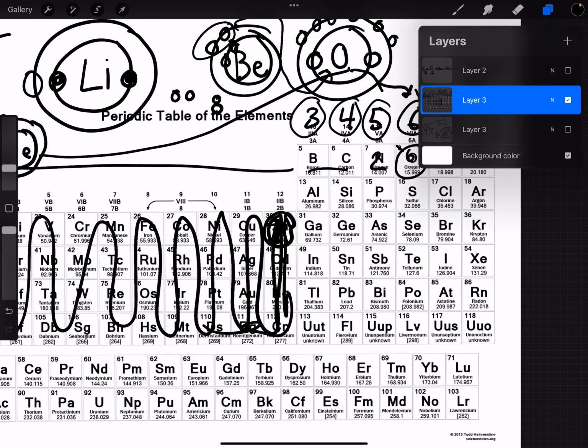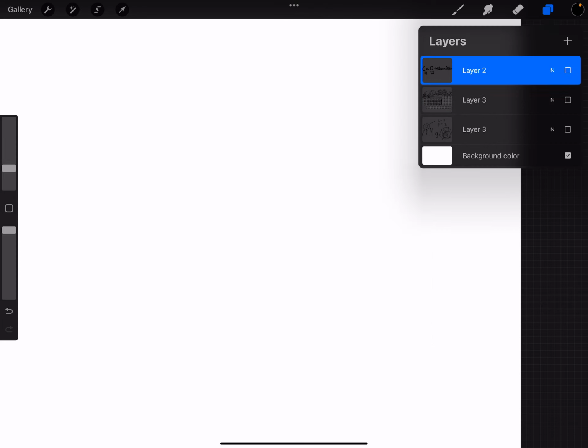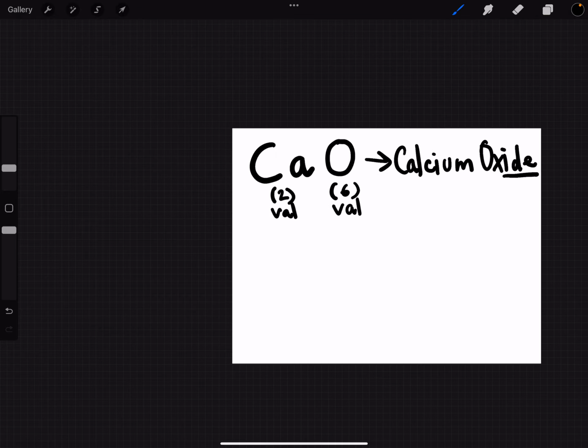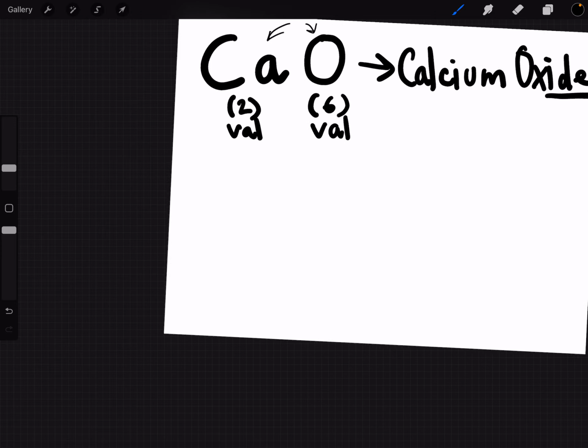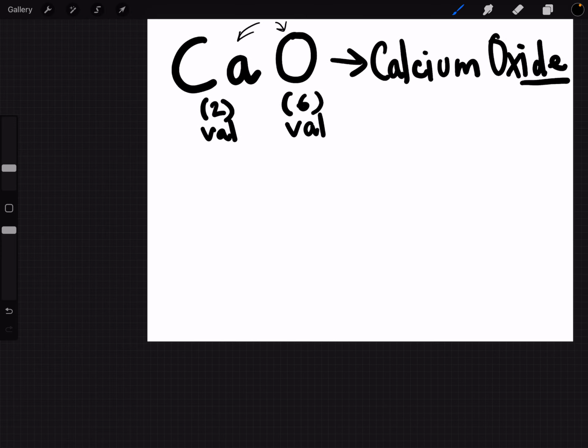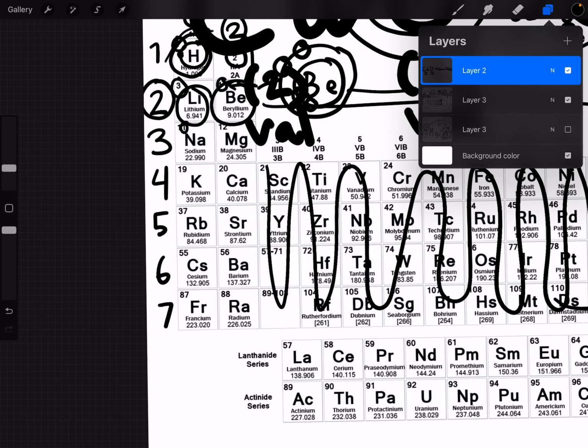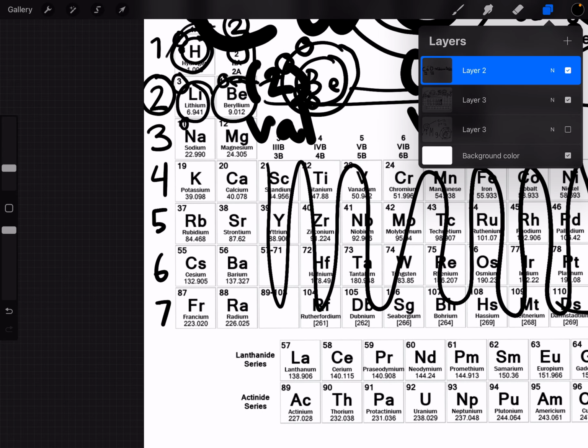Another thing that will probably be on the test is this, where it's essentially like, well, what is this? Well, actually, one thing I want to explain first. So, charges. Let me look here. Sodium. Okay.